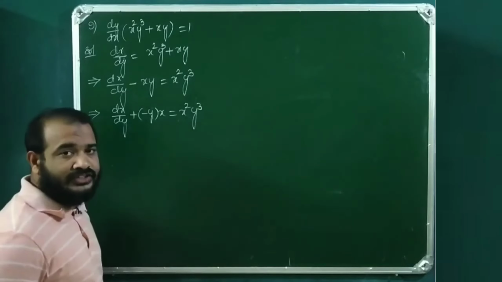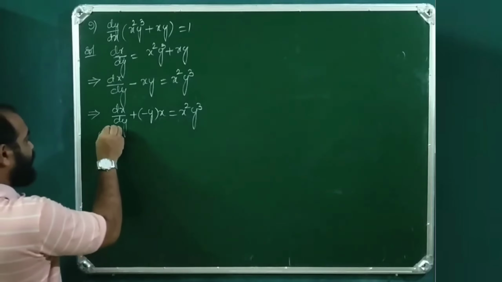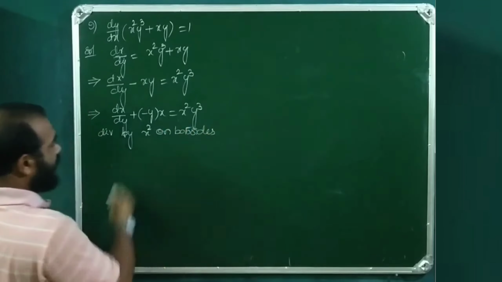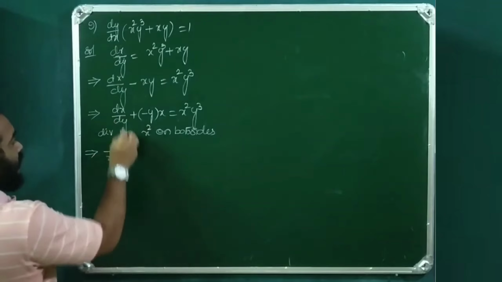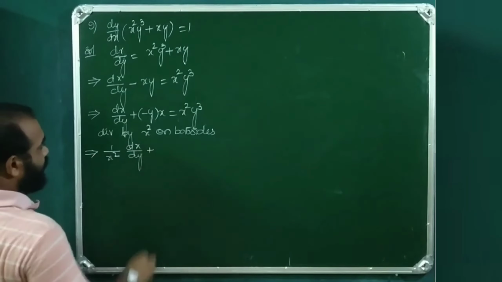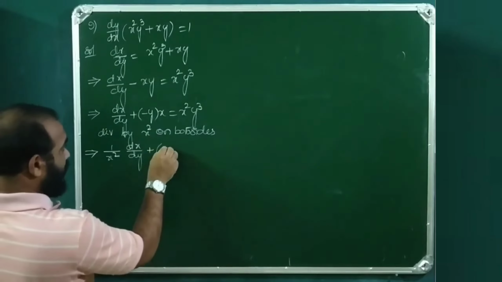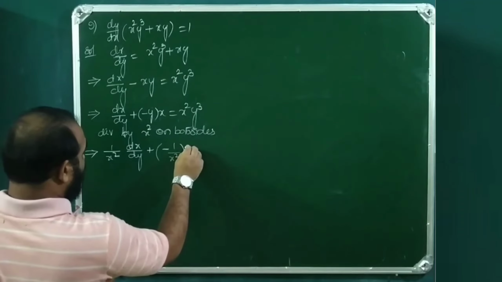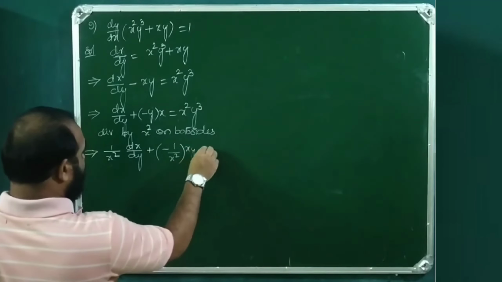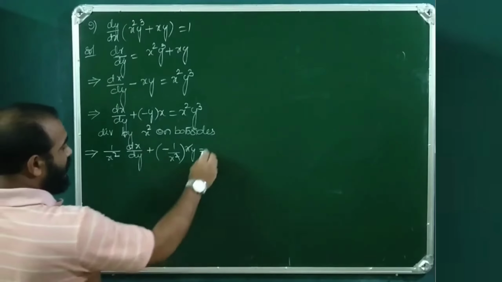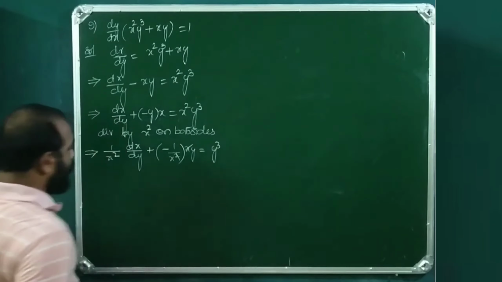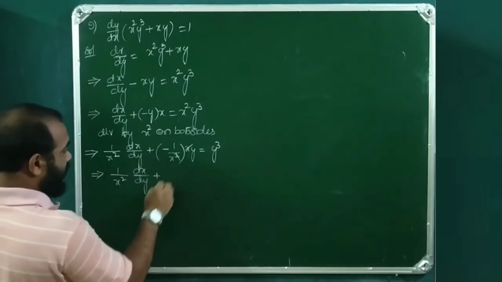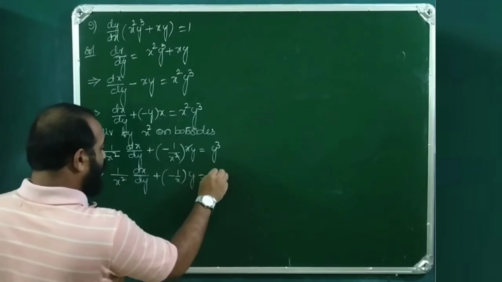So this is the Bernoulli differential equation, case 2 type. So dividing by x^2 on both sides, this is (1/x^2) dx/dy + (-1/x) y = y^3, one x being cancelled.